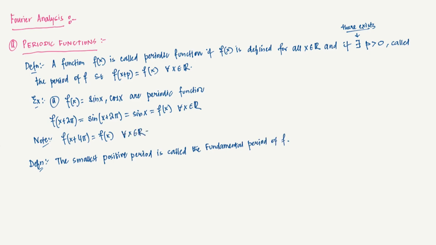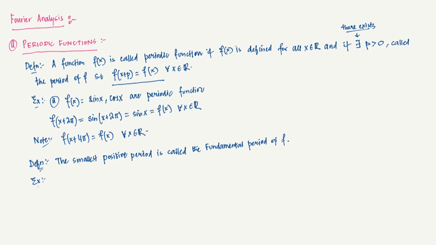Now, what do we have? You have a periodic function if f of x plus p equals f of x for all x in R, and p is called the period. Of course, if p is the period, 2p is also going to be a period. Similarly, this is a small exercise.